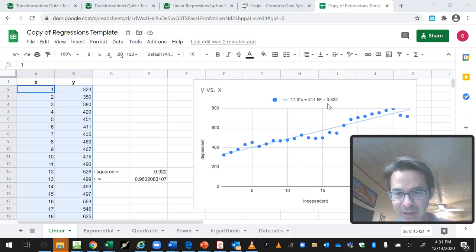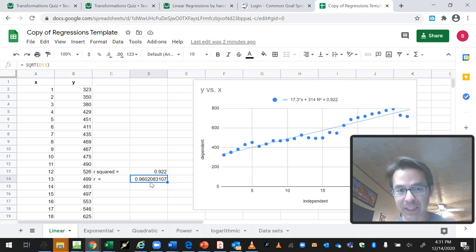If you notice, with the original data, we got 0.922 as our R squared, and it stayed 0.922. What's that tell you? That what I did mathematically is valid.